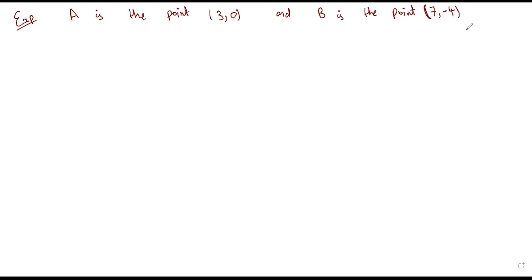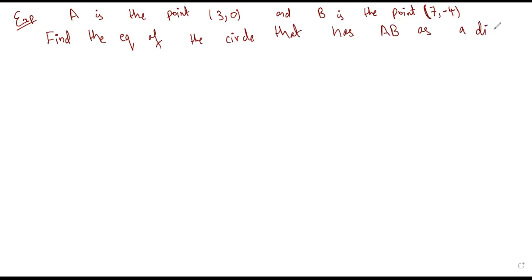Now we know that A is a point with coordinates (3, 0) and B is a point with (7, -4). The question is, find the equation of the circle that has AB as a diameter.